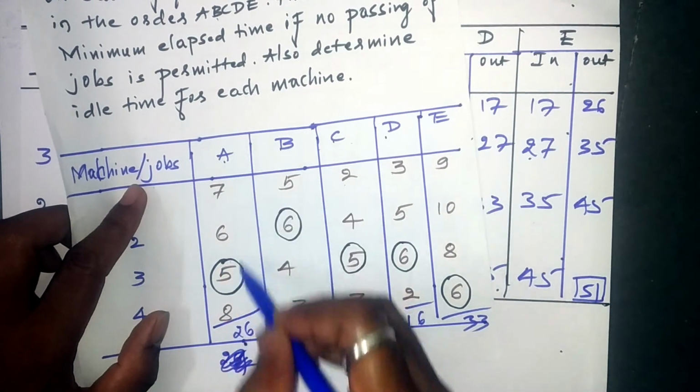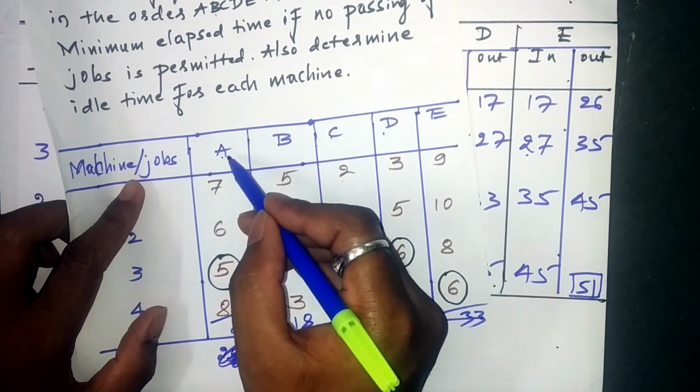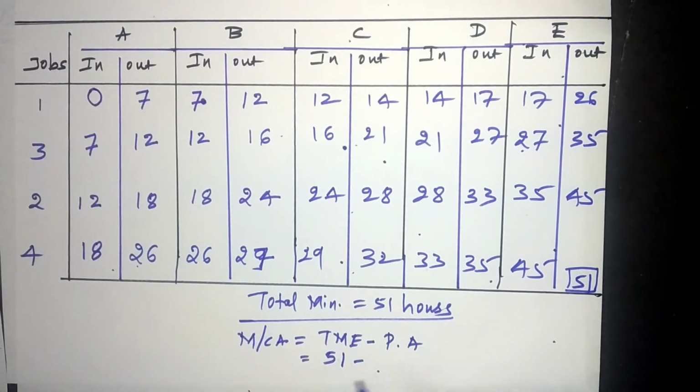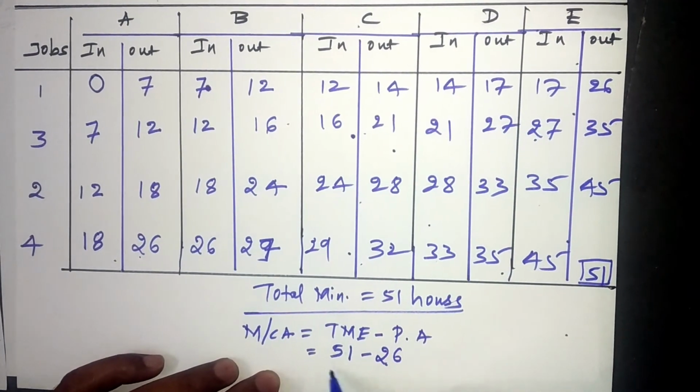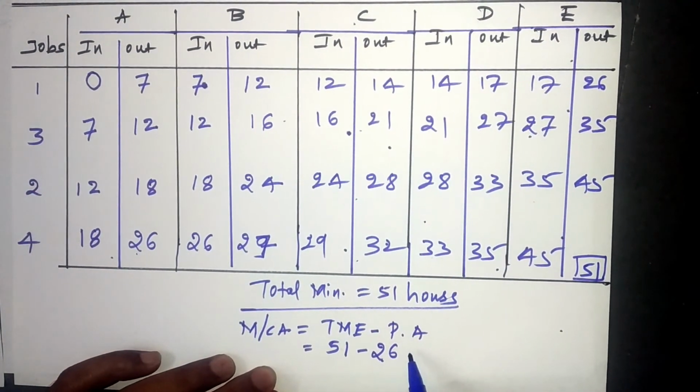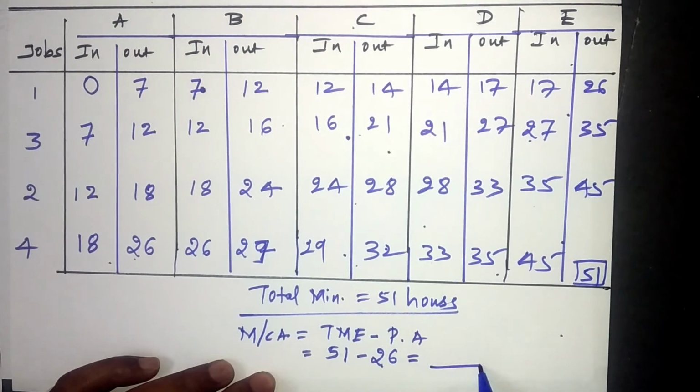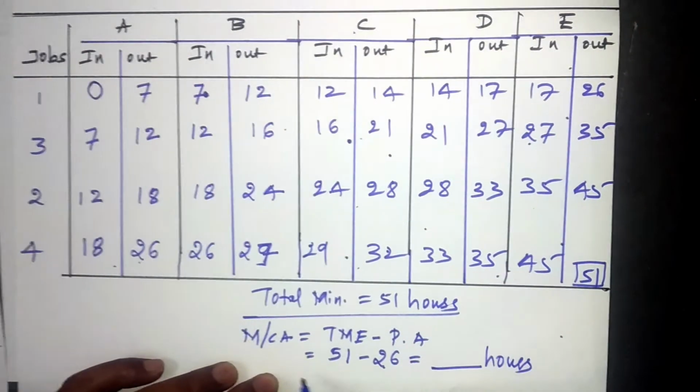So for these 26 hours machine A will be busy. I'll be subtracting this 26 from the total minimum elapsed time. By subtraction, how much will I get? We write it as the idle time for machine A.